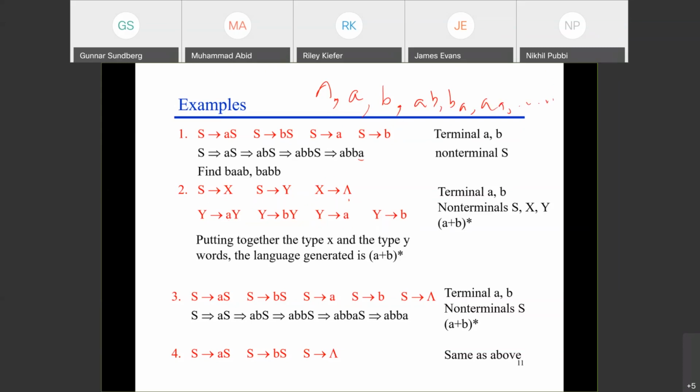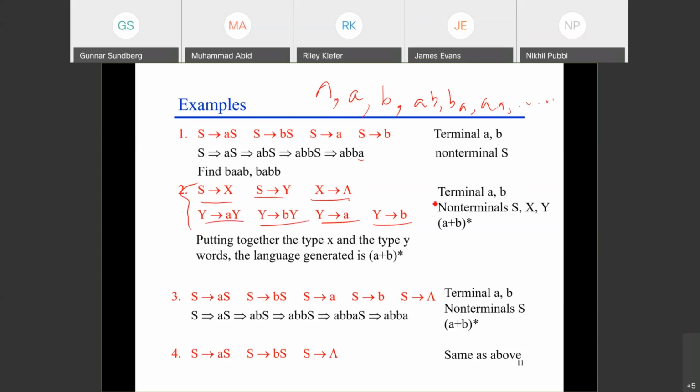So now look at this one. Another example here. It has S, only one non-terminal, and a, b, two terminals, okay? And now we reduce this grammar into here. How many production rules do you have in this grammar? 1, 2, 3, 4, 5, 6, 7.